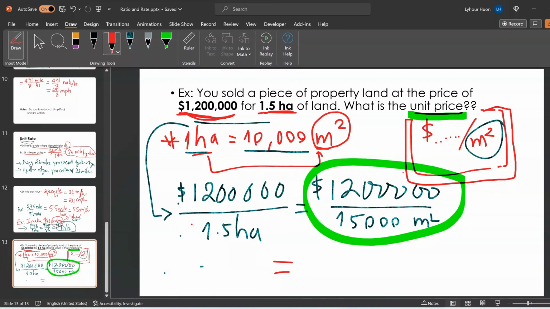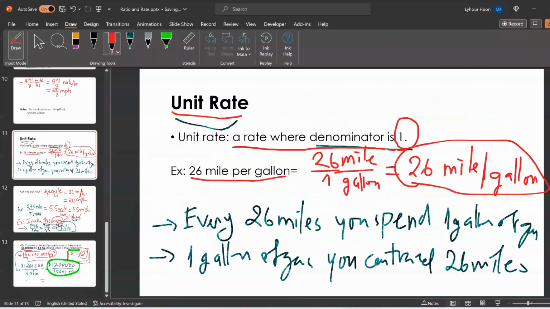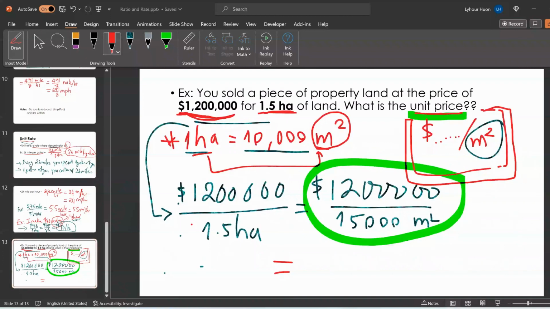Now our purpose is to find the unit rate or unit price. So we make the denominator equal to 1. How can we make the denominator equal to 1? Do we divide by 3? When it comes to unit rate, we do not simplify.